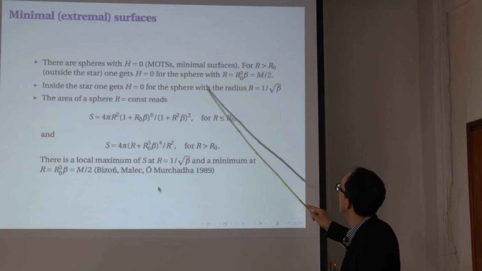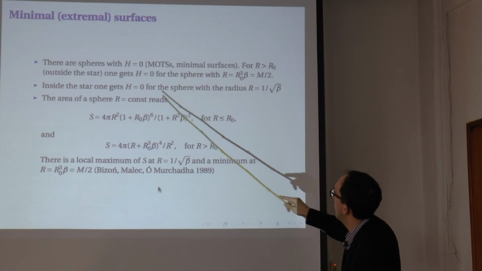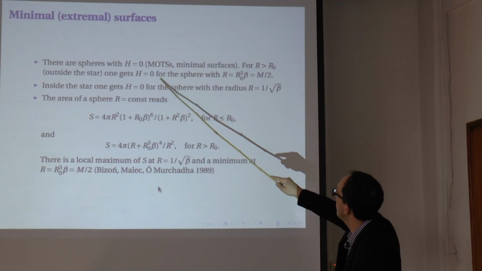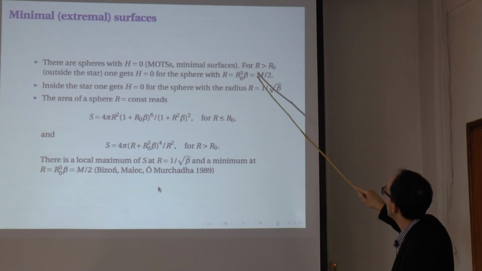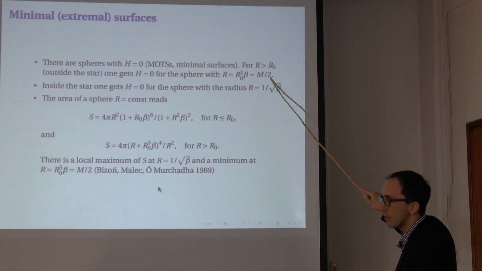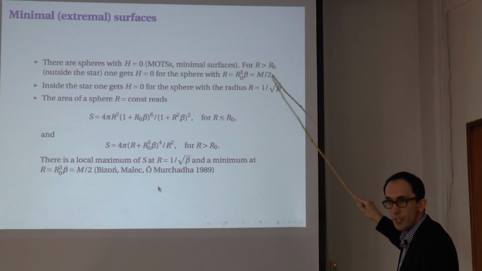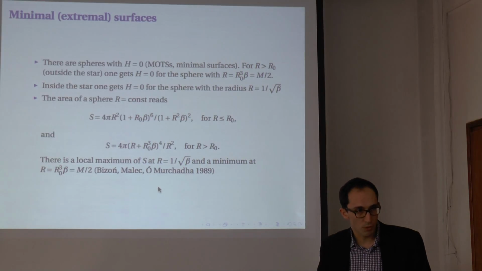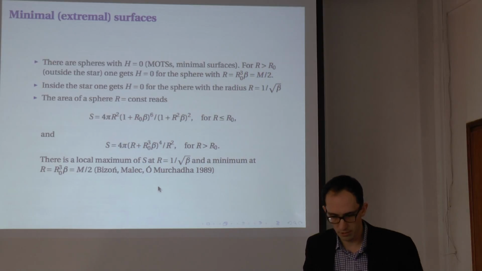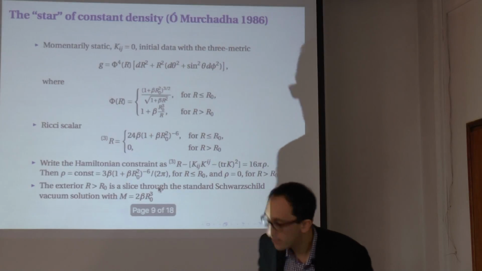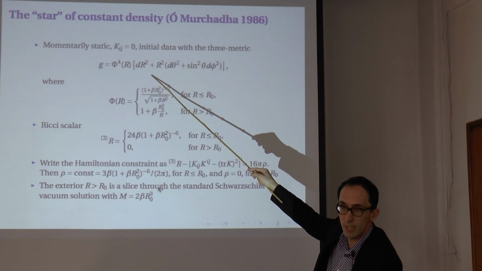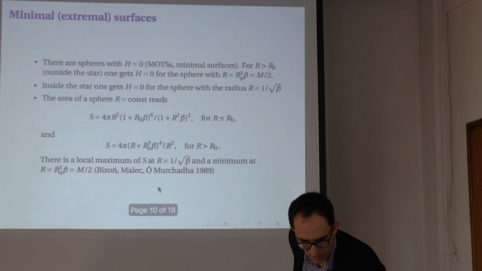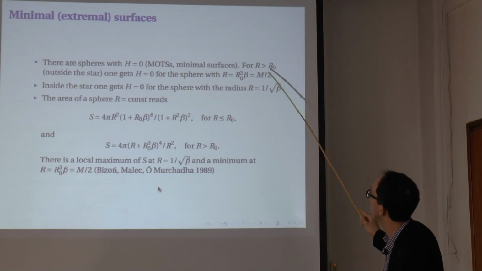So if you do this, you see that there is such a sphere at R being m over 2 exactly, which is precisely the location of the Schwarzschild horizon, but note that we are working in coordinates that are conformally flat here. So this is a standard Schwarzschild horizon.